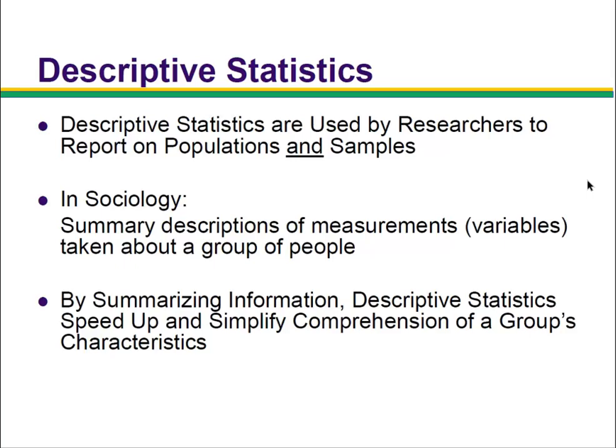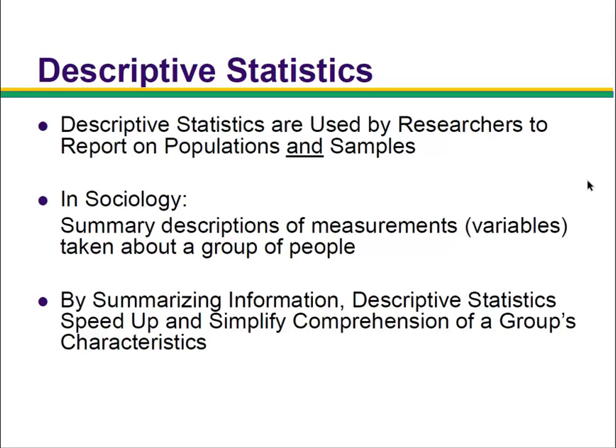So what exactly is descriptive statistics? Simply put, descriptive statistics are used by researchers to report on populations and samples. In sociology specifically, and this applies across the social sciences, we use summary descriptive statistics as measurements, or what we call variables, taken about groups of people.